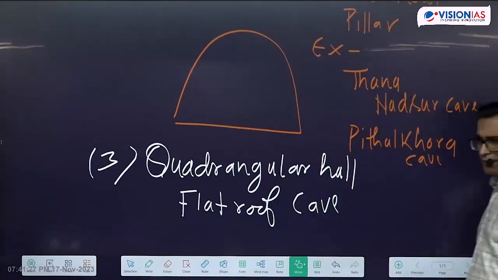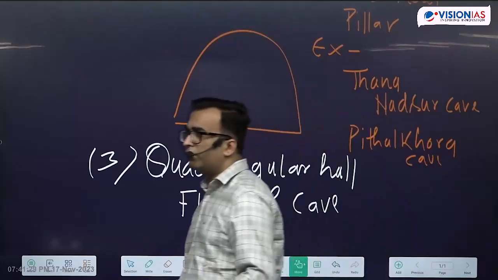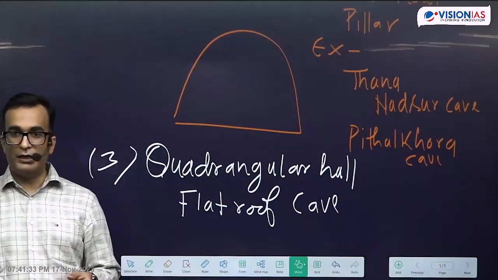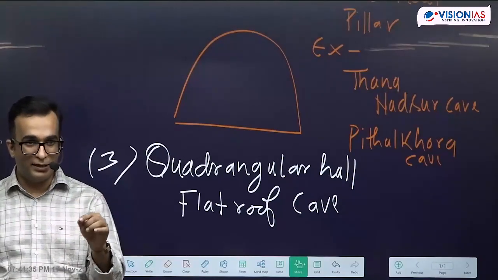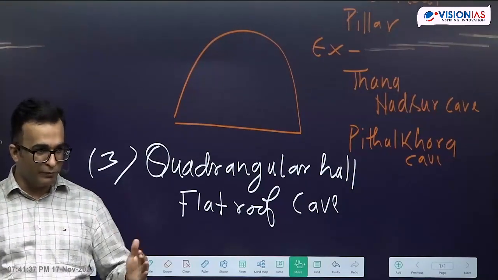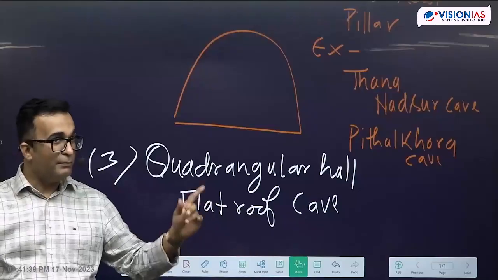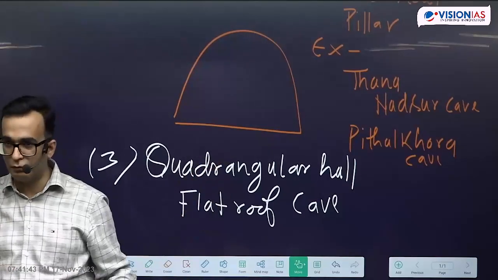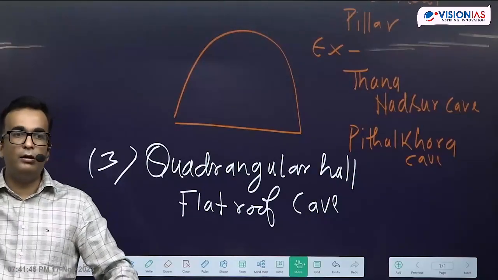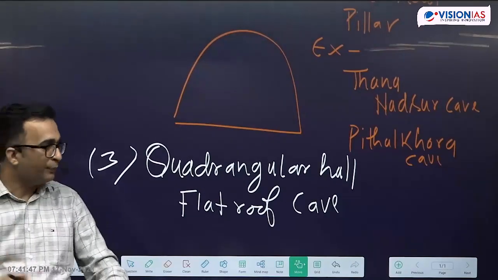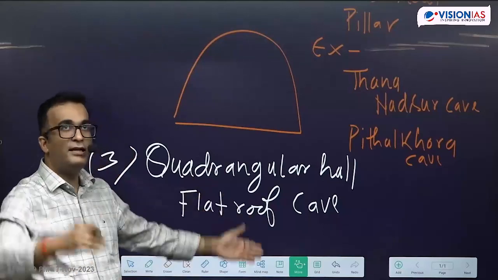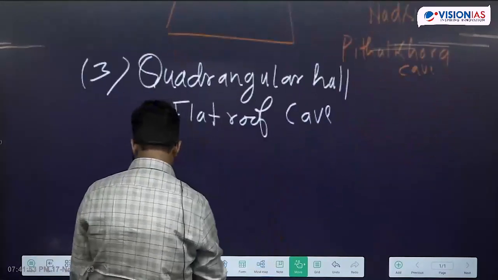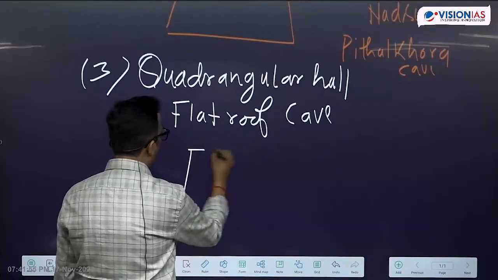Now understand what the word quadrangular means: four walls. In that apsidal vault, you cannot say it has one wall, two walls, because everything is fused with each other. But in this room, you can count the walls: 1, 2, 3, 4. So quadrangular hall means four walls. And flat roof, as it indicates, is a flat structure, just like any room you see in normal life.